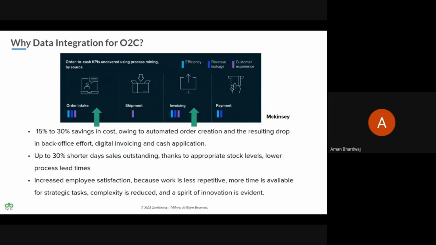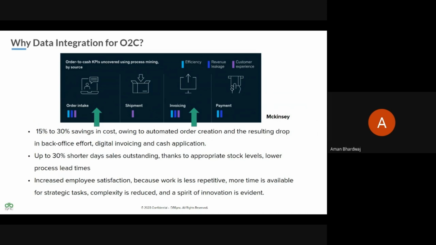We showed you different pieces in the cycle, and typically the efficiencies could be on the order intake side. Whenever sales is taking your orders and putting them in the system, the same data has to sync to your inventory, to your accounting, or any other systems. It has to be connected. It has to be a seamless experience, because both of these teams can't work on different sets of data, or they'll spend a lot of time and effort working with data which will not be correct. There should not be any inconsistency of data.